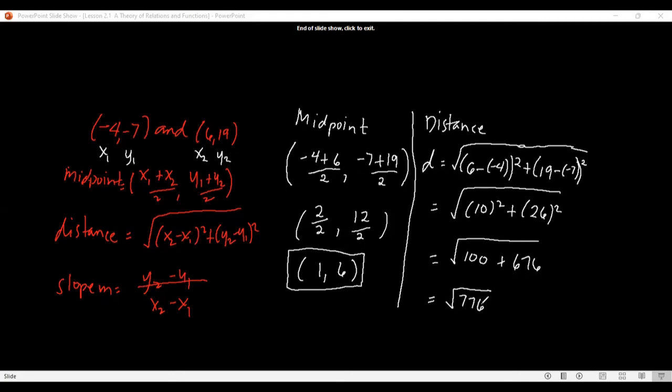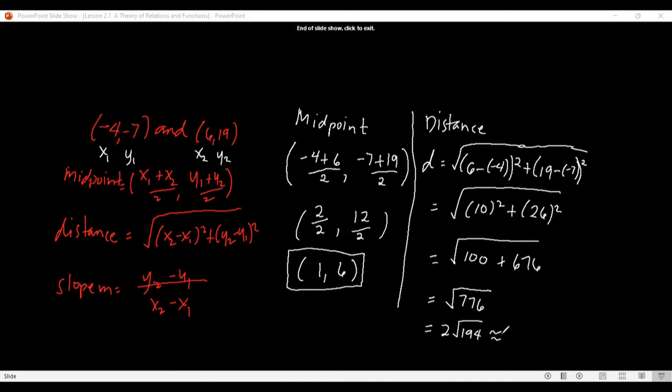776. So, kung kukuhain natin yung square root nun, tingnan natin kung exact. So, kung kailangan natin ng exact, pwedeng ang maging sagot mo ay 2 square root of 194, or approximate.